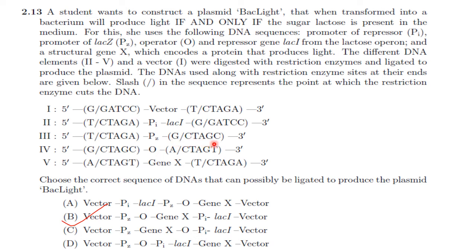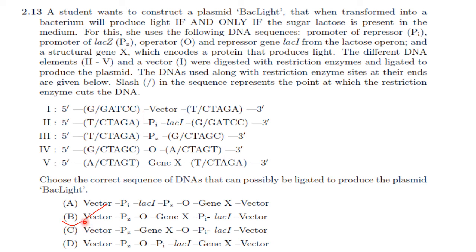So GCTAGC, you have it over in your DNA structural element 4, and the 3' end of this operator sequence is ACTAGT, that is matching with DNA element 5, that is gene X. The gene X has got at its 3' end TCTAGA, that matches with the second DNA element, that is pI LacI, and the ending sequence is GGATCC, that can be ligated to the vector sequence itself because it is having GGATCC at its 5' end.